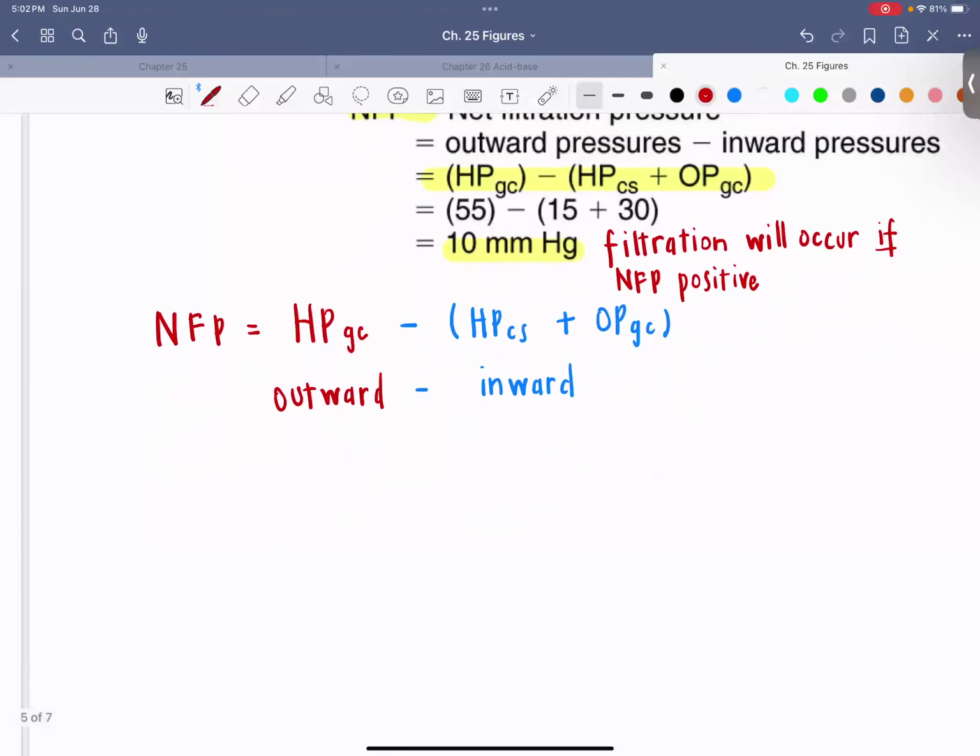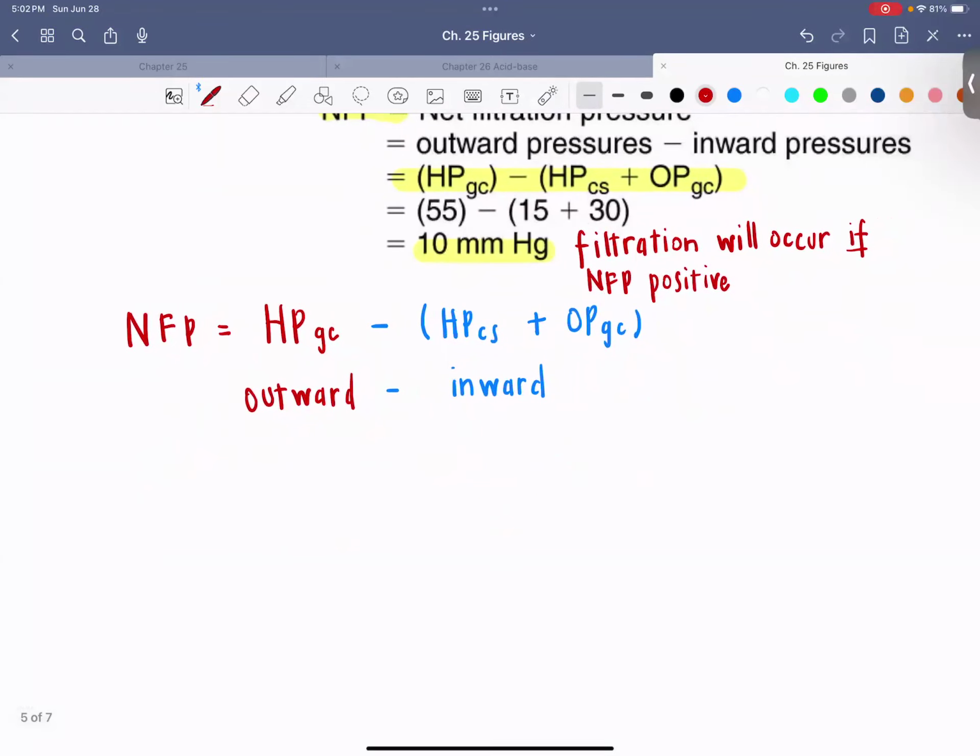I want to look at some factors that can affect these various pressures. High blood pressure can affect the hydrostatic pressure of the glomerular capsule.